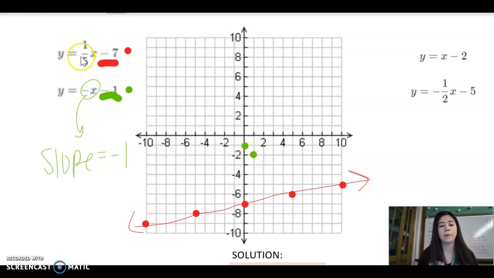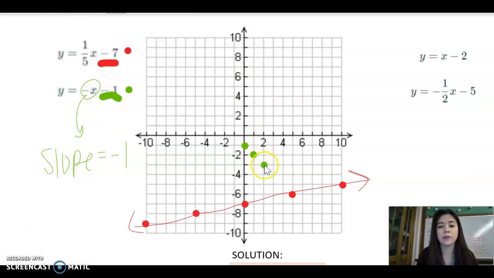When we have a fraction, this is how much I go up or down. If it's negative like this 1/2 over here, we go down 1, and then we move to the right 5; over here we move to the right 2. When we have a 1 for our slope, we go up or down 1, depending on if it's negative or positive, and then over 1. If your slope was just 2 and not a fraction, it would go up 2 over 1.